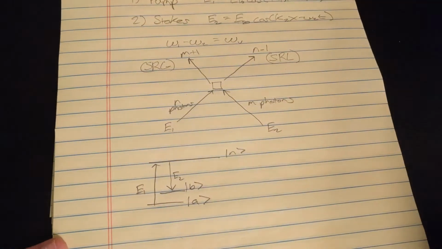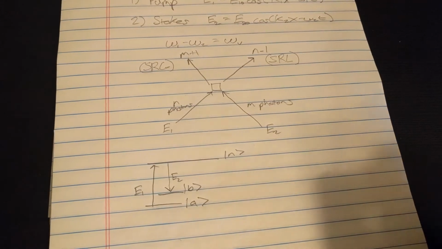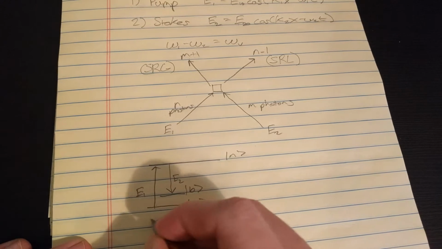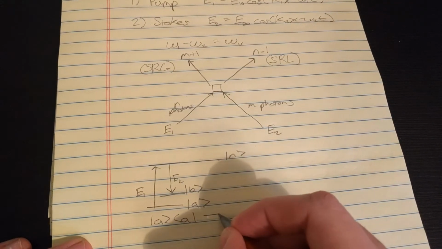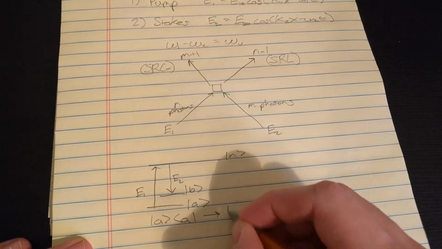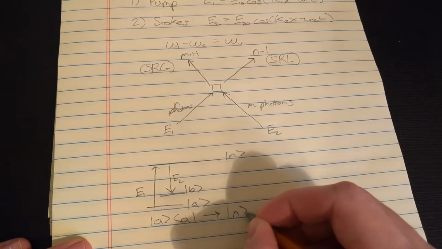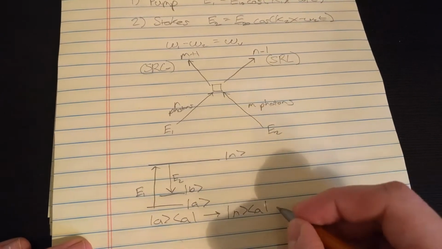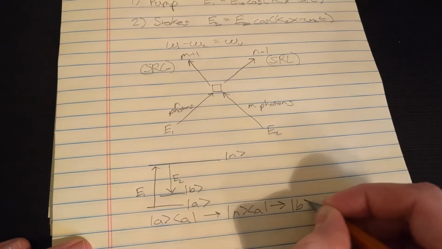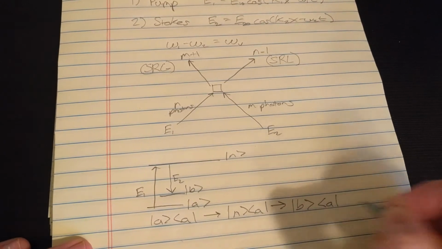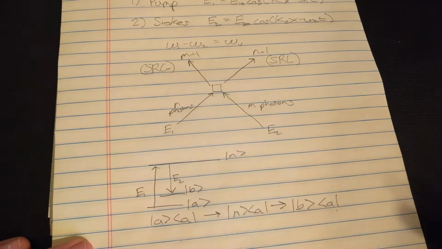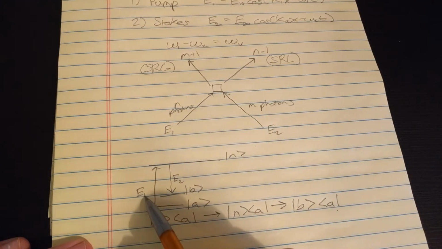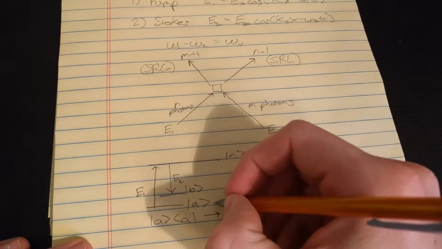So, in density matrix notation, we started in state A, and then we made a transition to NA, and then E2 came in, and we made a transition to BA. Now, essentially, we changed the ket side, and now we need to change the bra side. So the real parts interacted here. Now the imaginary parts interact.